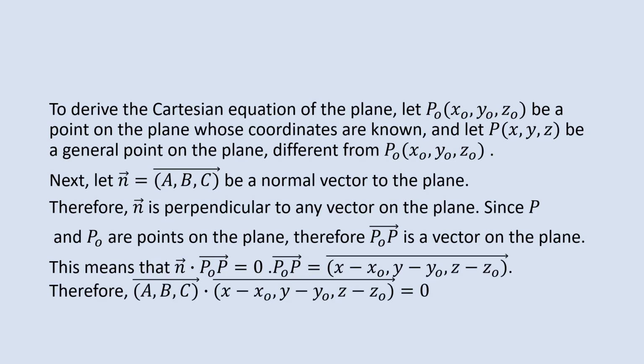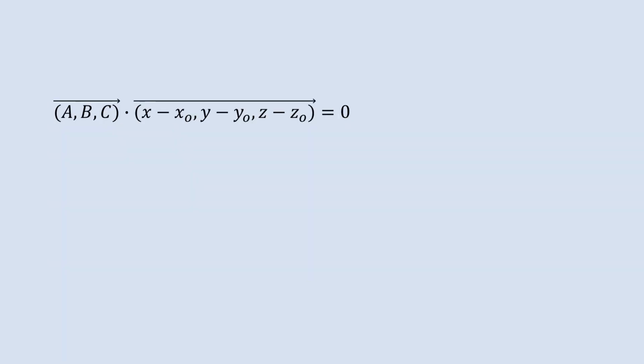Well, since P is x, y, z, and P naught is x naught, y naught, z naught, that means P naught P is x minus x naught, y minus y naught, z minus z naught. And since the normal vector is ABC, that means ABC dotted with x minus x naught, y minus y naught, z minus z naught will equal 0.